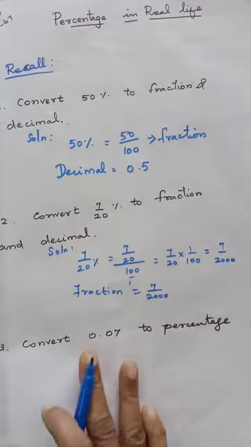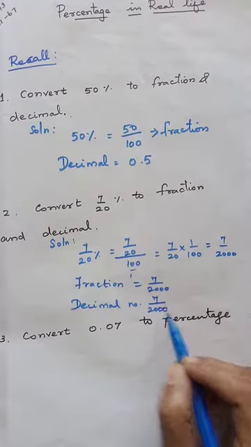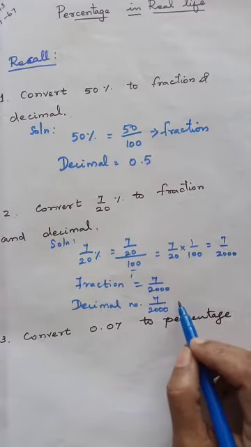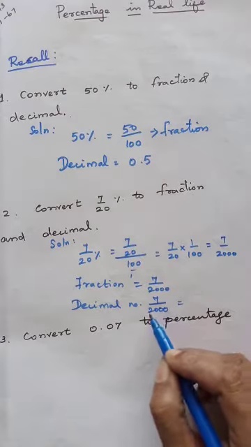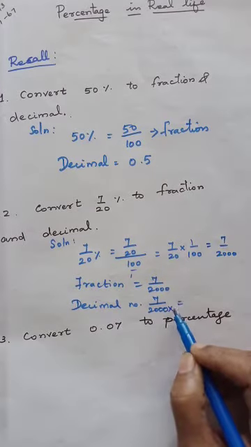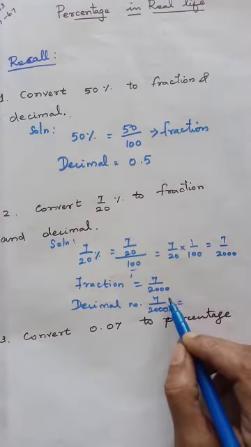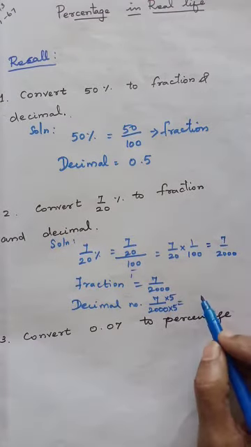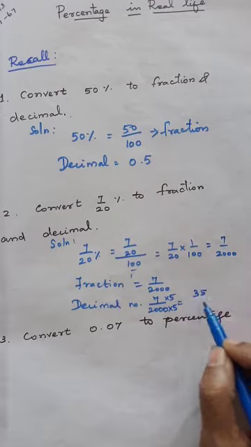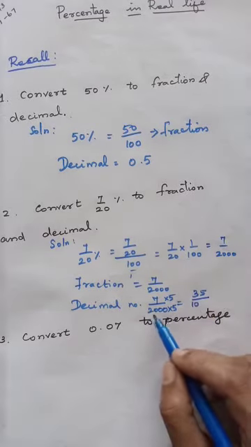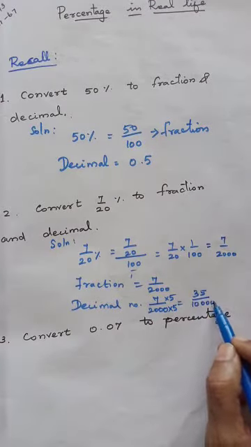Now you have to write this in decimal. 7 by 2000 is equal to, you have to multiply the 2 by 5. 5 twos are 10, no? So you are multiplying the numerator also by 5. So 35 by 10, then 3 zeros.